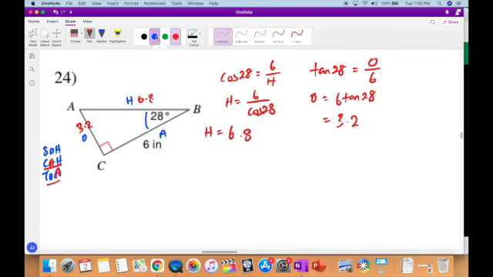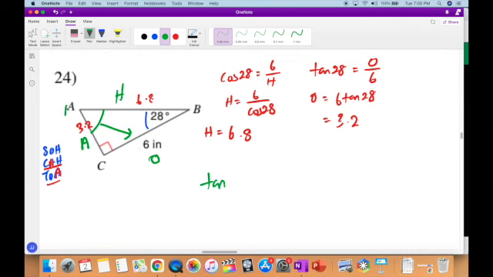Now I could work on finding this angle over here. When we're talking about this angle now, everything changes. This is going to remain the hypotenuse, but now this becomes the opposite, and this is the adjacent over here. So in order to find that angle, let's use tan, opposite over adjacent.